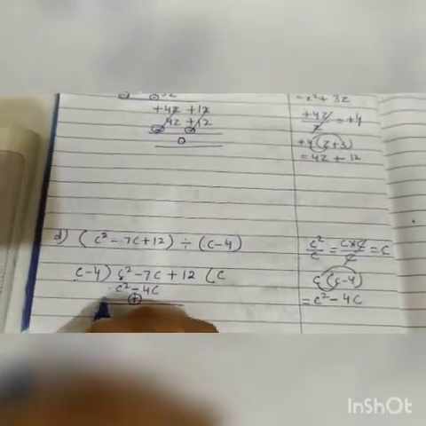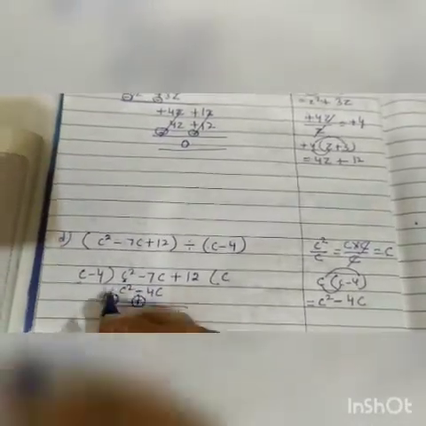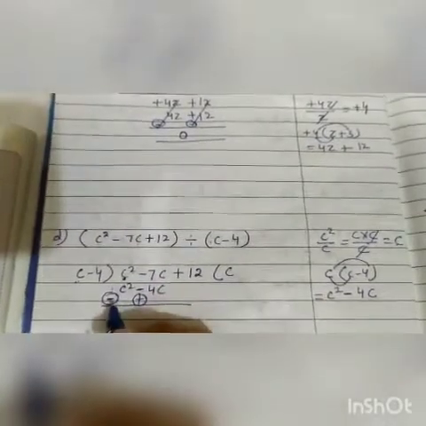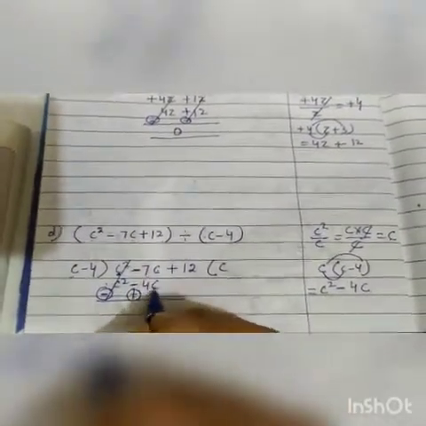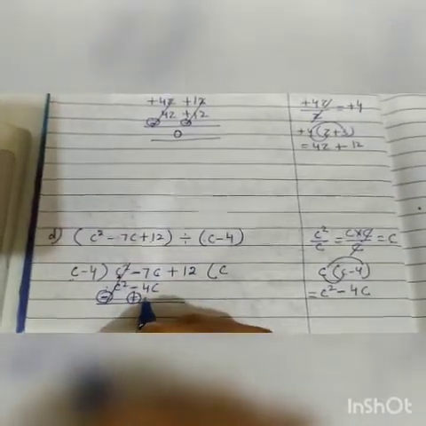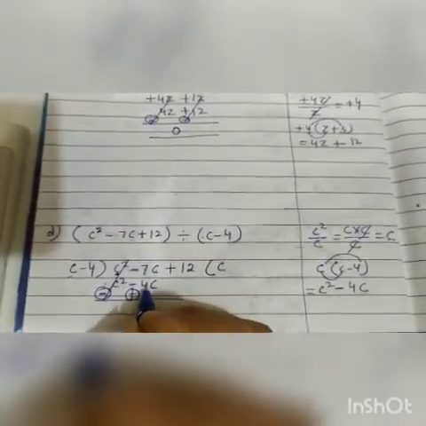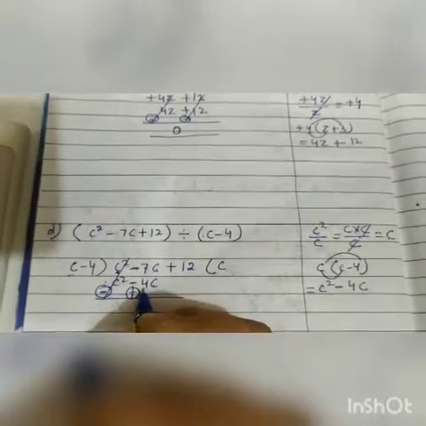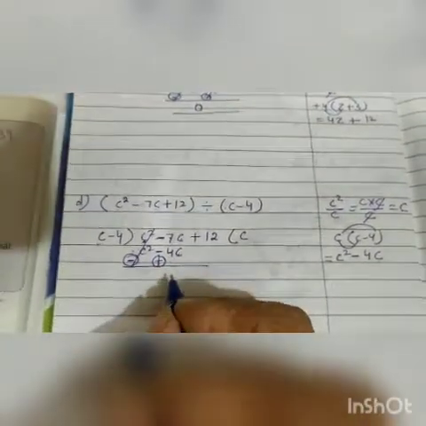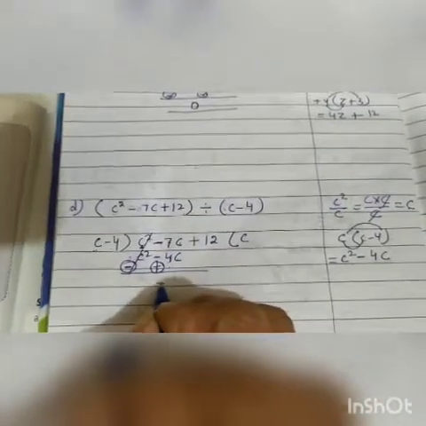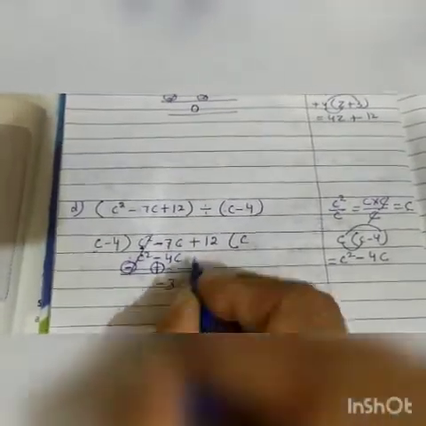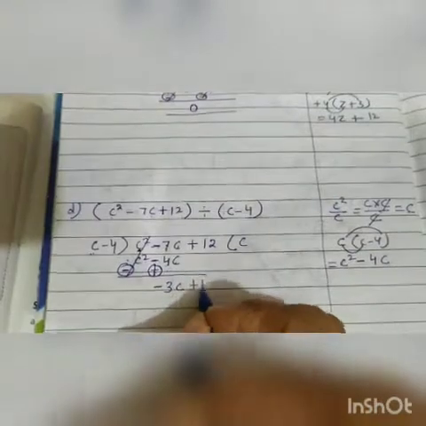This plus will change to minus. Now this plus c square minus c square will be cancelled. Minus 7c plus 4c. When we simplify, it is minus, it is plus. Both the terms are with different signs, so they will be subtracted. The smaller one will be subtracted from the larger one. We get minus 3c. Now write this plus 12 here.